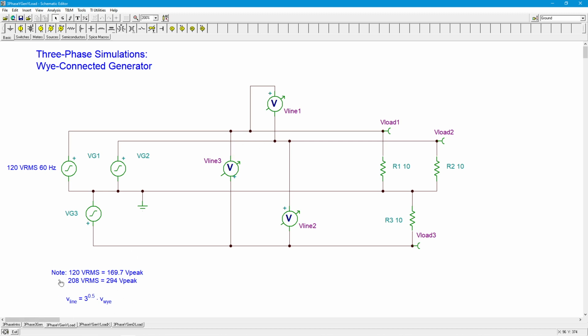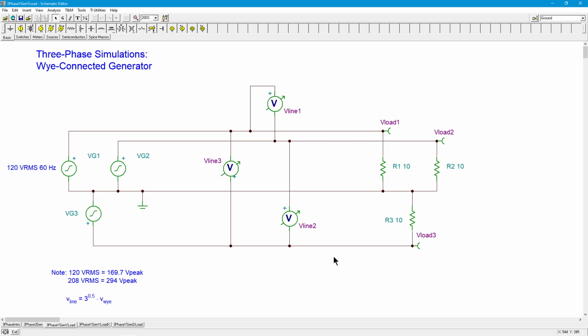Here's our little equation down here, the square root of 3. That's the line versus the Y, and in this case, that's either the generator or the load, because they're both Y connections. Now, that turns into a peak voltage of just under 300 volts, 294 volts.